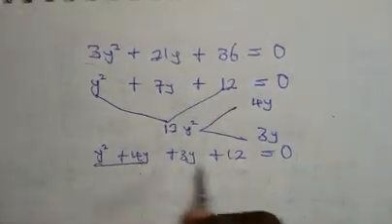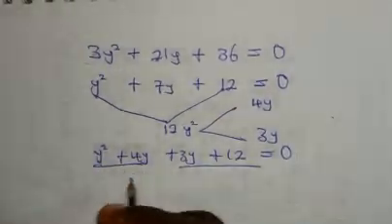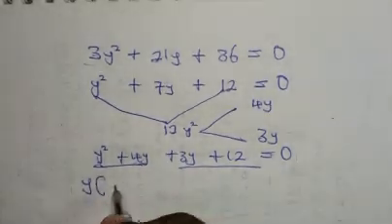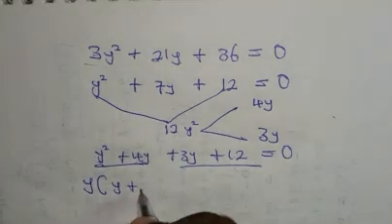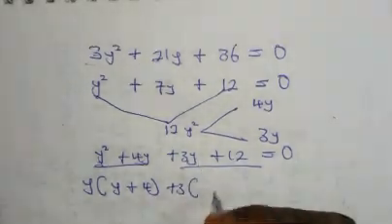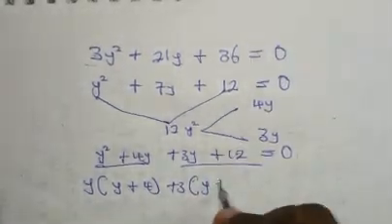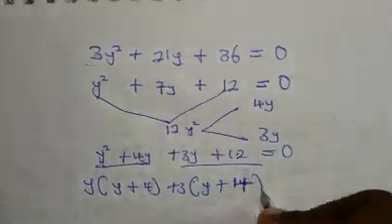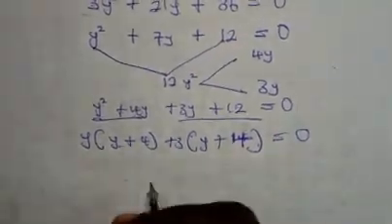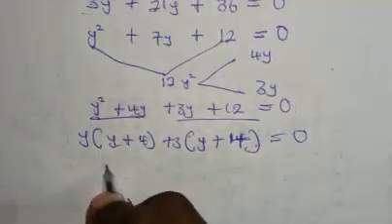So grouping this, factor out what is common in both. y is common, so we have y into bracket y plus 4, and the other side we have 3. So 3 can go here, we have y, 3 can go into 12, we also have plus 4. And this is common, factor it out, group the one outside into a bracket.